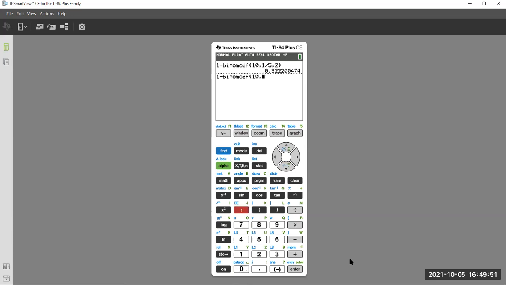So 10, comma, 1 divided by 5, comma, 2. And then I close up that parenthesis. Blow it out once for luck. And there we go. So regardless of how your calculator might be set up, that's really the way to do this type of calculation.